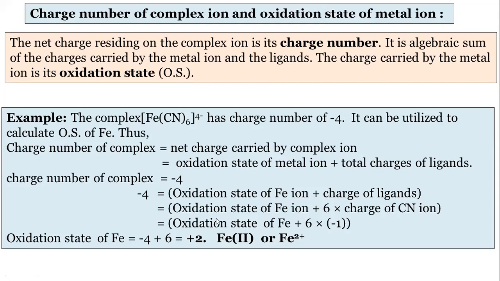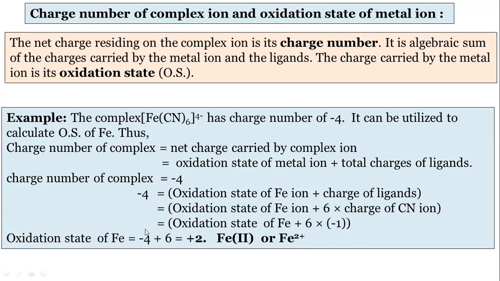So in the next step, it is written: oxidation state of Fe ion plus 6 times -1, which is -6. When this -6 comes to this side, it becomes plus. So -4 plus 6 is equal to +2.